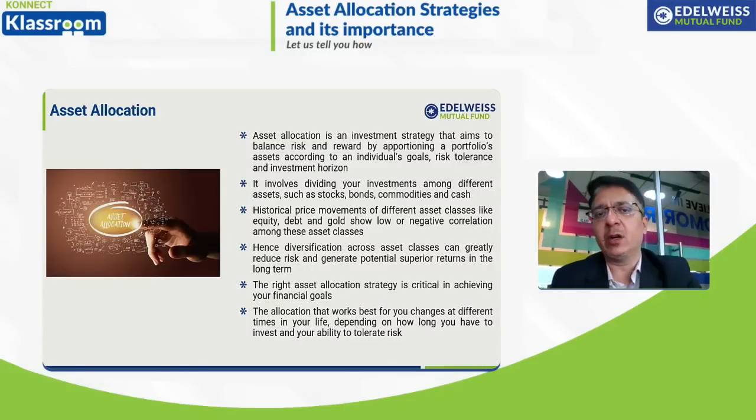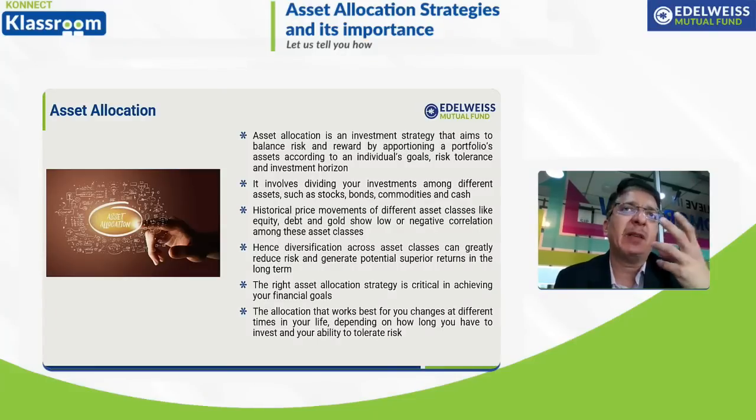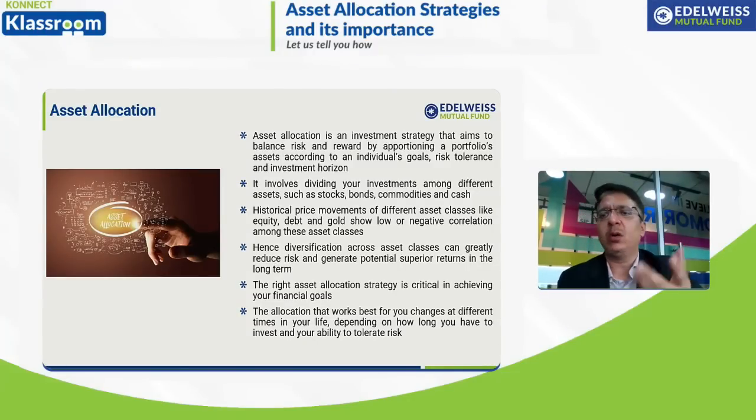For doing this, basis these 3 factors, I will spread my investments across various investment options. More commonly used ones are equity, either directly or through mutual funds, bonds, commodities like gold, and maybe I'll also hold on to some cash if required.